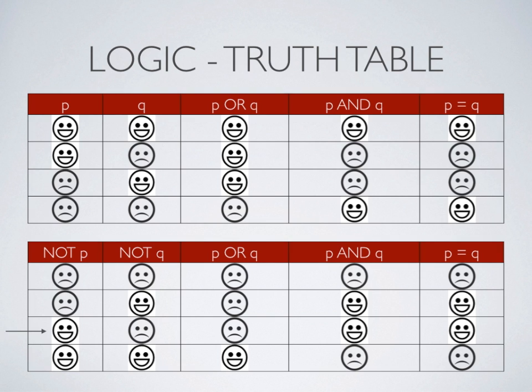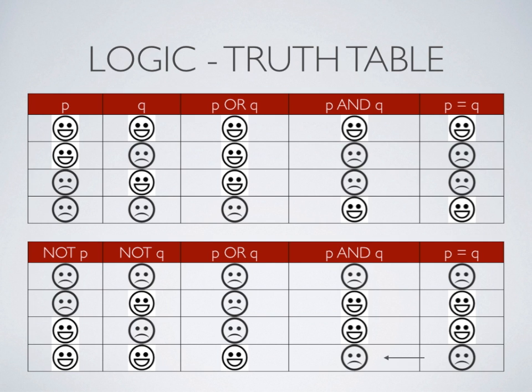Our third row, we have happy and sad. So our OR argument is going to be sad because we're not happy. And our AND argument is going to be happy because we are not sad. And again, our P equals Q argument is reversed, so it is happy again. Our fourth row, both P and Q are happy, so our OR argument is actually going to return happy because we are not sad.